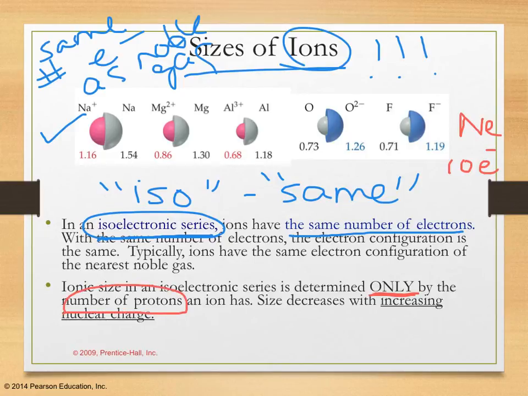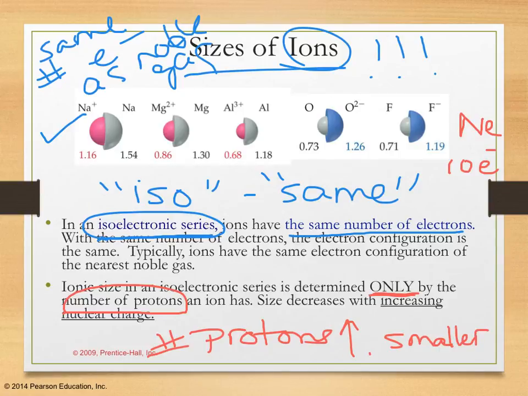As the number of protons increases, the smaller the ion, if it's an isoelectronic series. If all other things are equal, they're all in the same energy level now. They all have the same number of rings or energy levels around them.